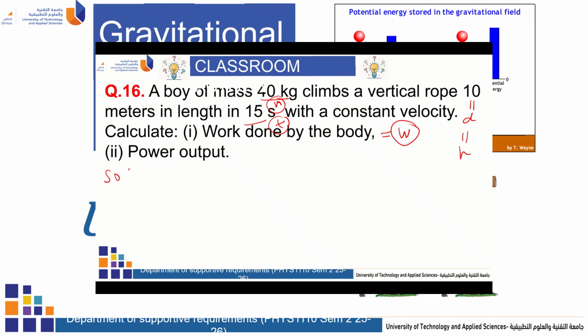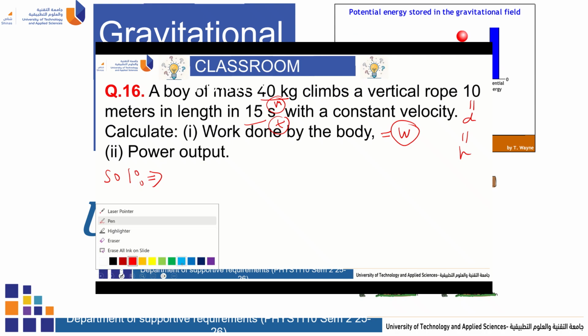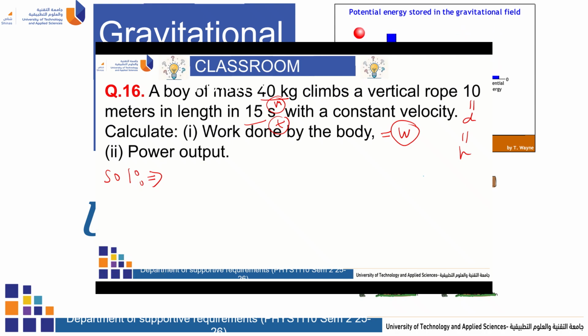So if I make a diagram of what is given to me: this is a rope, and there is a boy.